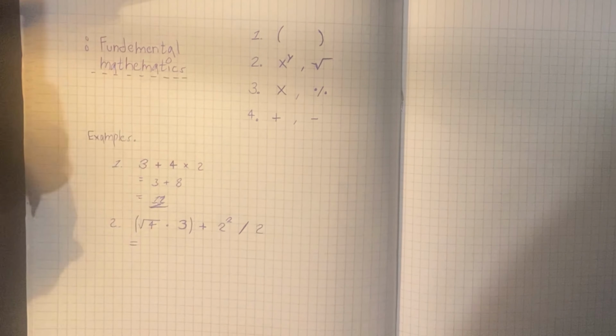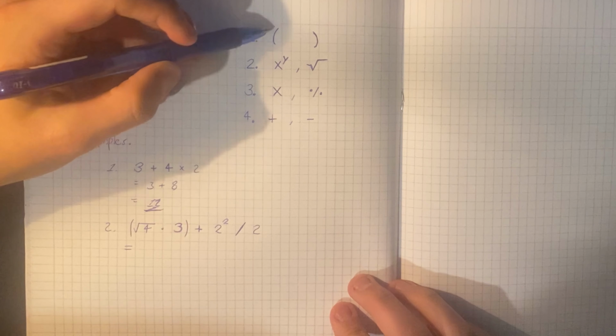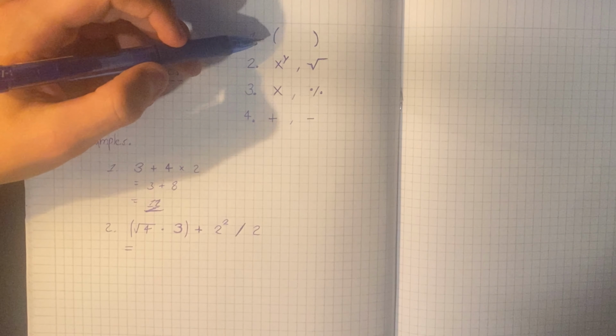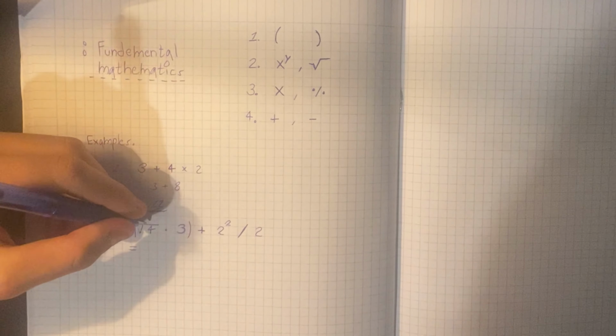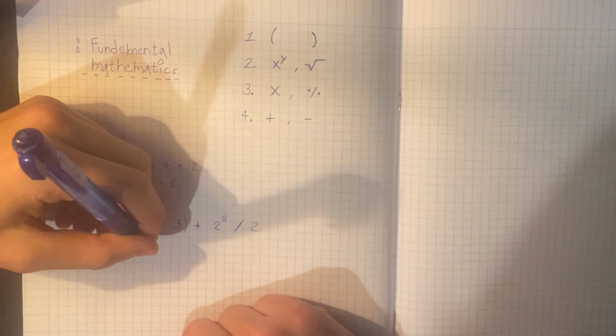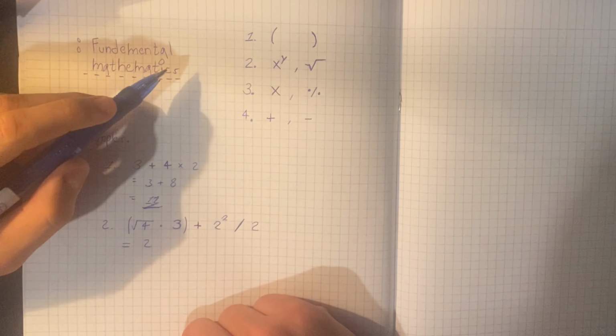So it is equal to, and if we look at this table, we see that with parentheses, we're supposed to prioritize the parentheses first. So we draw out the square root of 4, and that's equal to 2, because 2 times 2 is equal to 4.